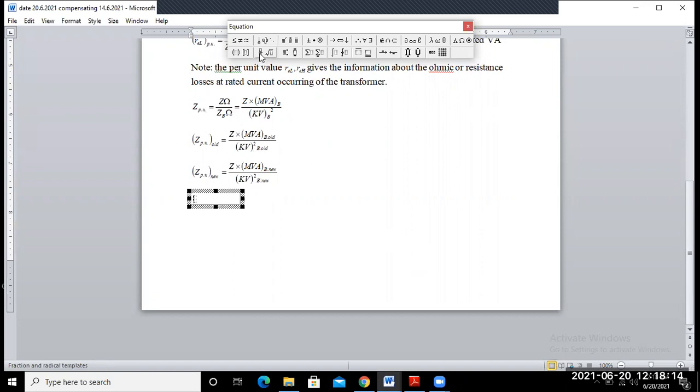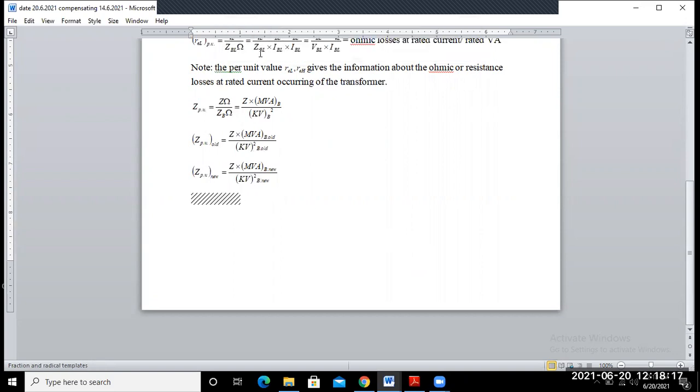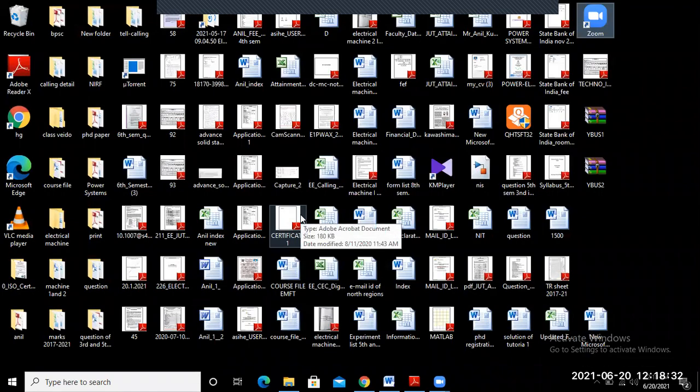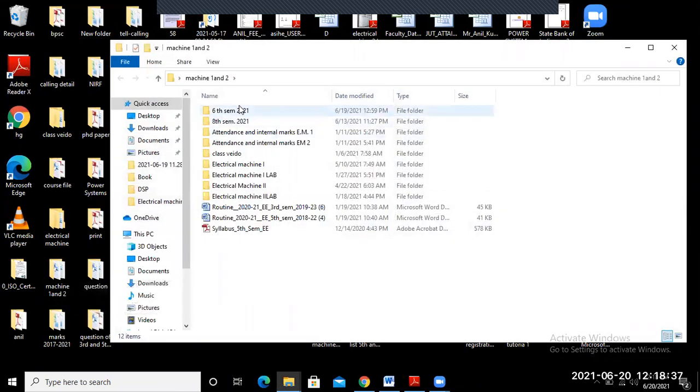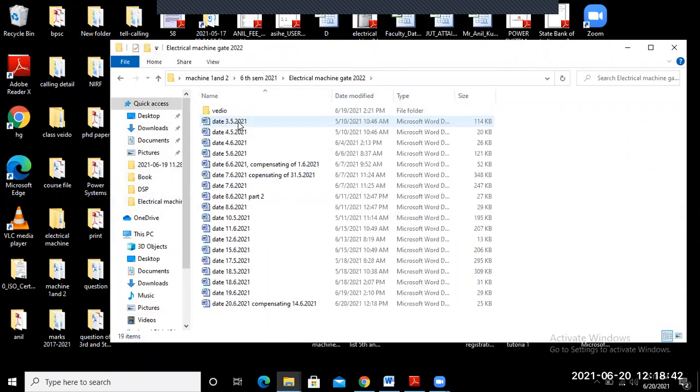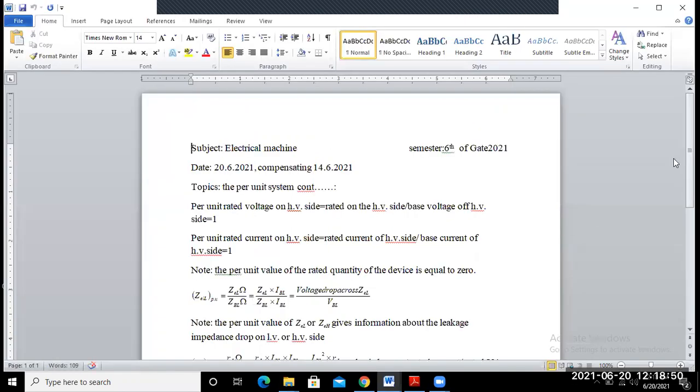Z per unit new divided by Z per unit old.